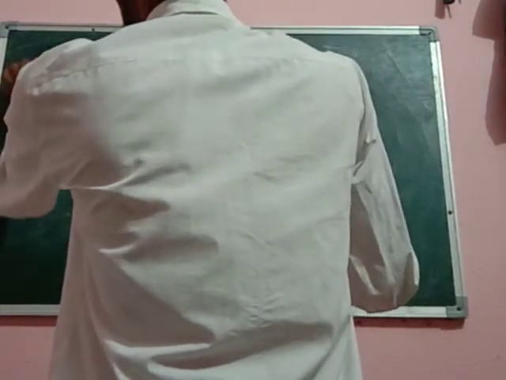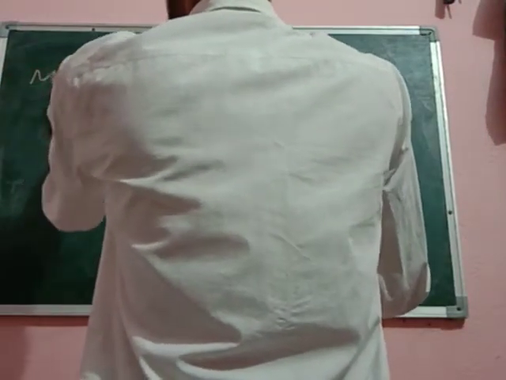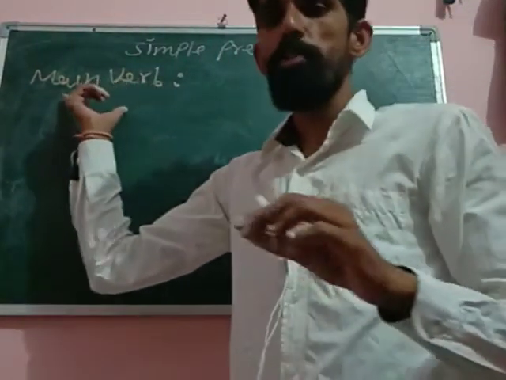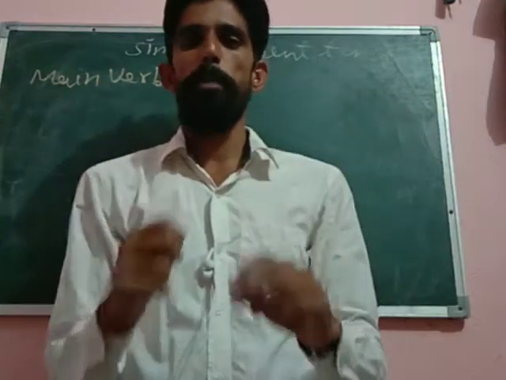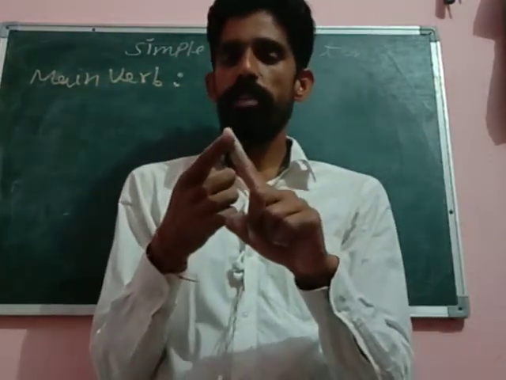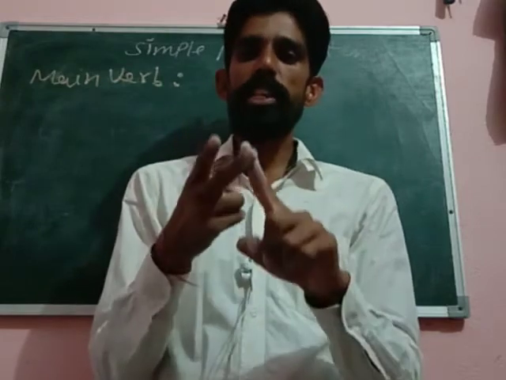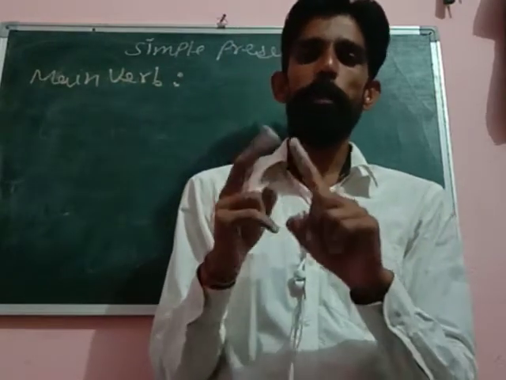Next point is the main verb. As we have seen, in affirmative sentences of simple present tense we use two forms of the main verb: the first form of the main verb, and the second one is the S or ES form of the main verb.